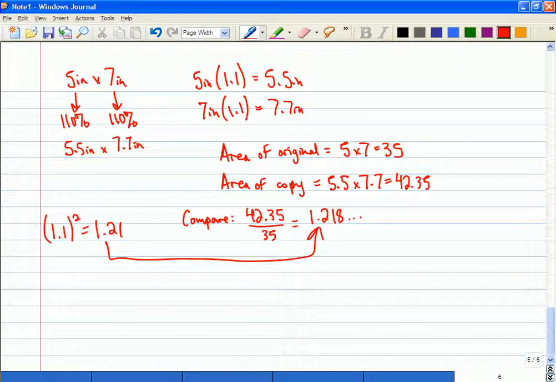So remember, when you're using a scale factor, in area, you'll see it twice, so you have to square it. In volume, you'll see it 3 times, so you cube it. Okay, we'll try that again as well.